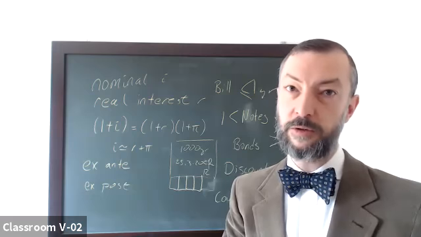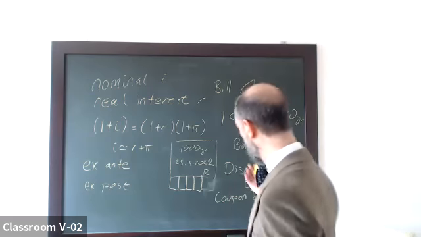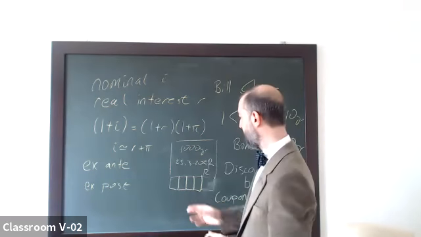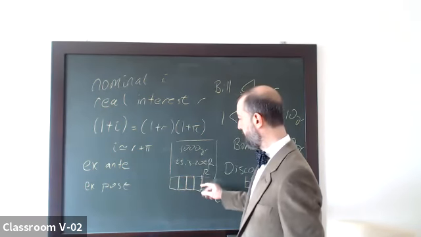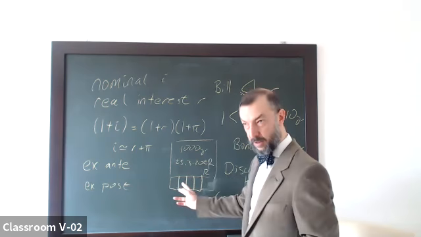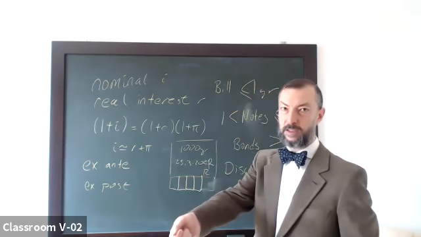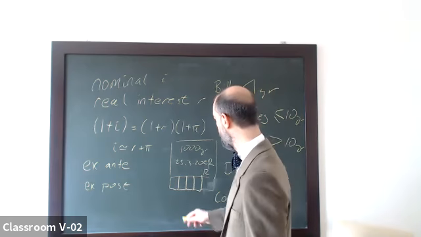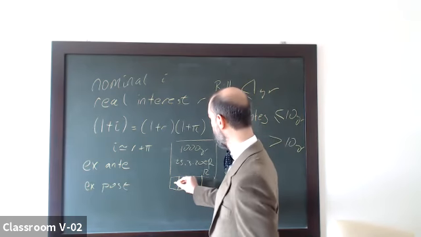Because it has coupons. In the olden days, when these things were actually physical pieces of paper, it had these little coupons at the bottom that you clipped, took to whoever issued it, and said, okay, this is the coupon for, and it would say something along the following lines.